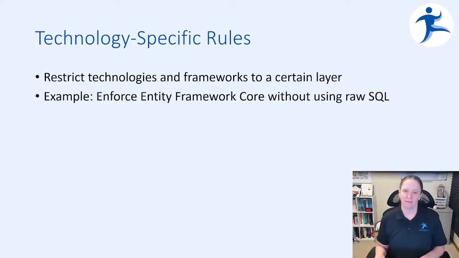I can't stress this enough, because newer architects are like, oh, I have all the rules, I need to implement all the rules. And that's not true. You do not need to implement all of the rules. It should not be exhaustive, but it should be at least enough to cover the code to ensure that your guidance is being followed.